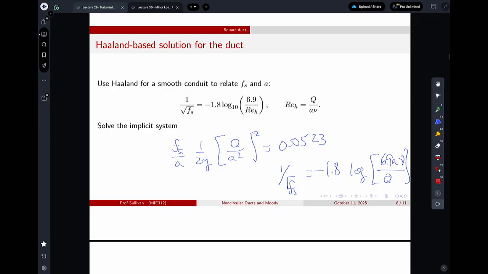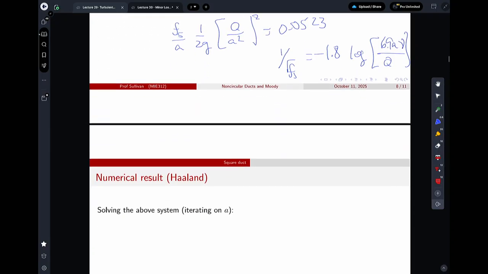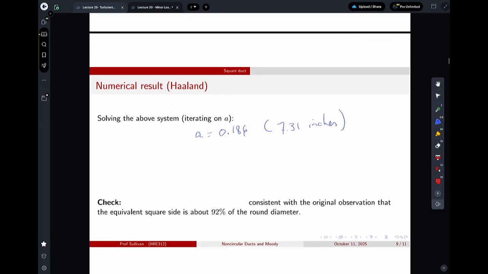You have enough information at that point to iterate on. You make a guess, solve through for everything, and check to see if it actually works. This is the type of problem that's really good in Excel, because you can do infinite levels of iteration as you correct your friction factor and your value of A.